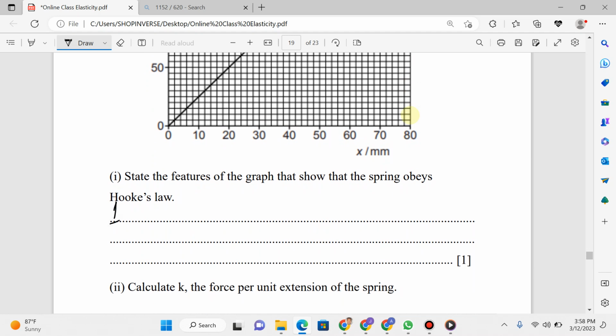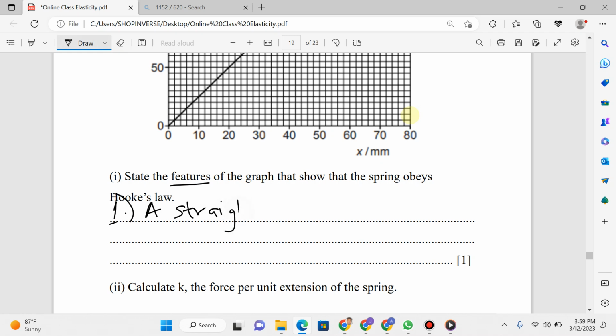Number one, features, so state more than one. Number one is a straight regression line.